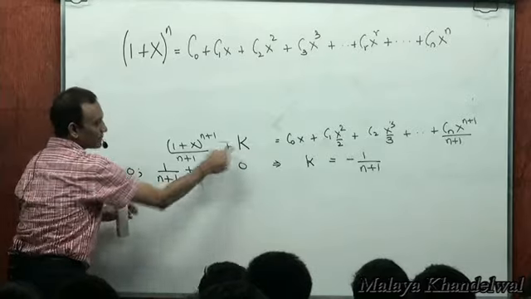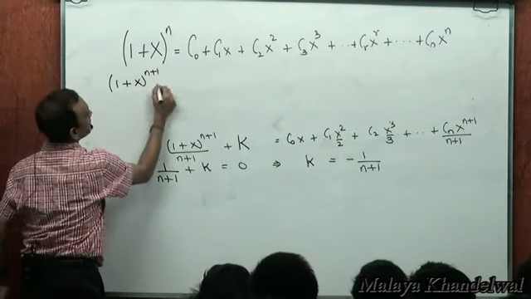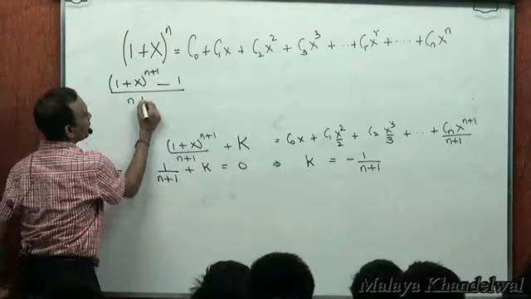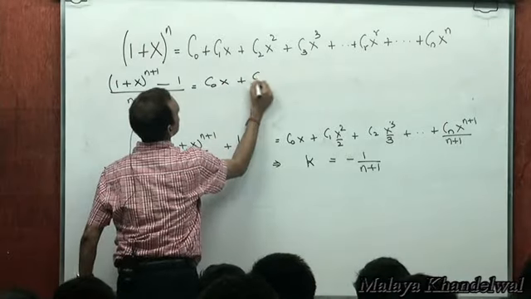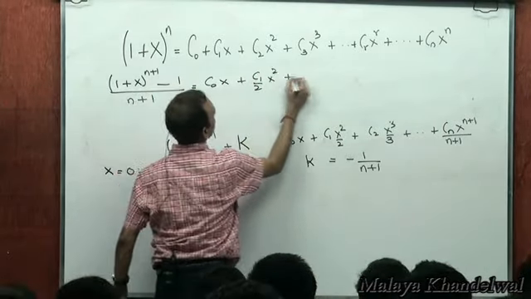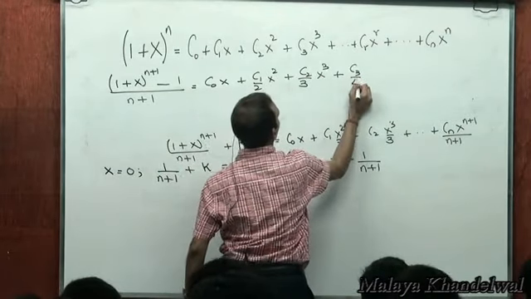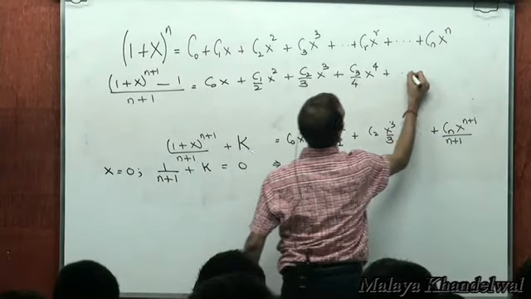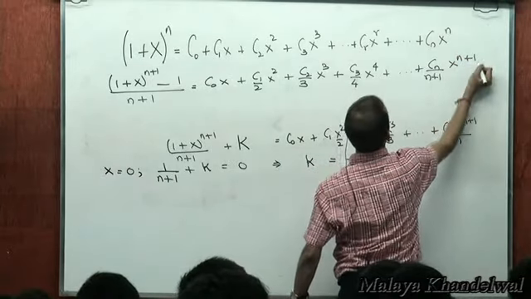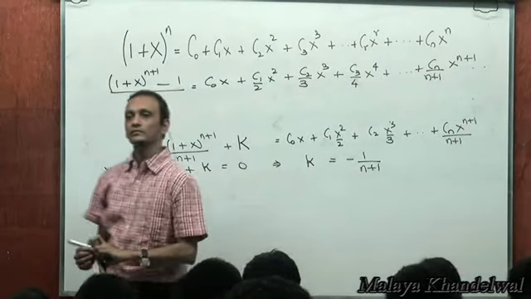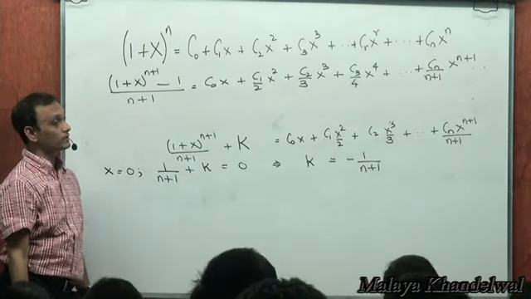Plugging in k equal to minus 1 by n plus 1 here, I get (1 plus x) to the power n plus 1 minus 1, divided by n plus 1, is c naught x plus c1 by 2 x squared plus c2 by 3 x cubed and so on. That is what I get. Yes or no?